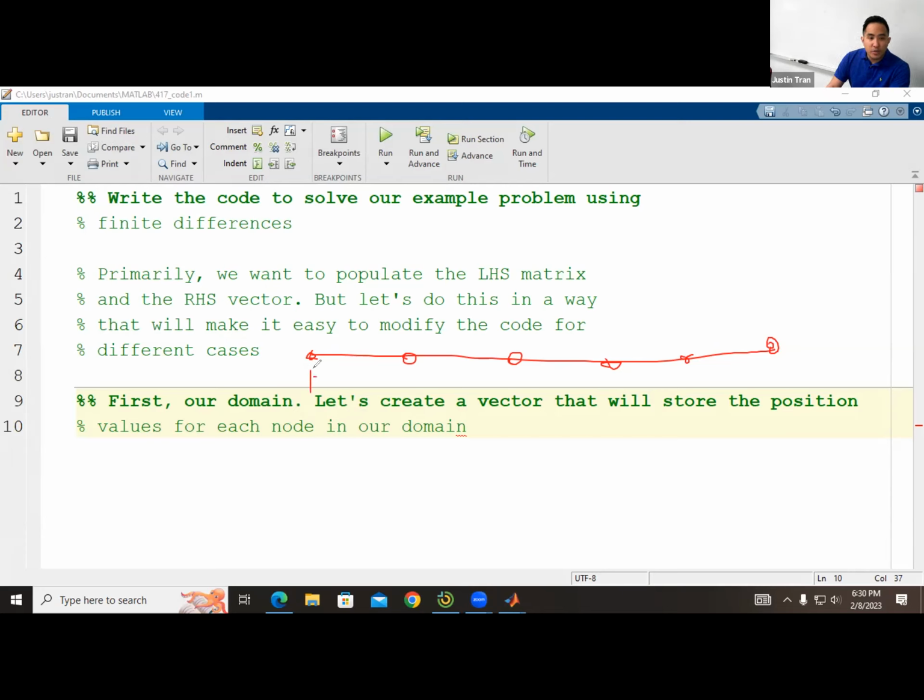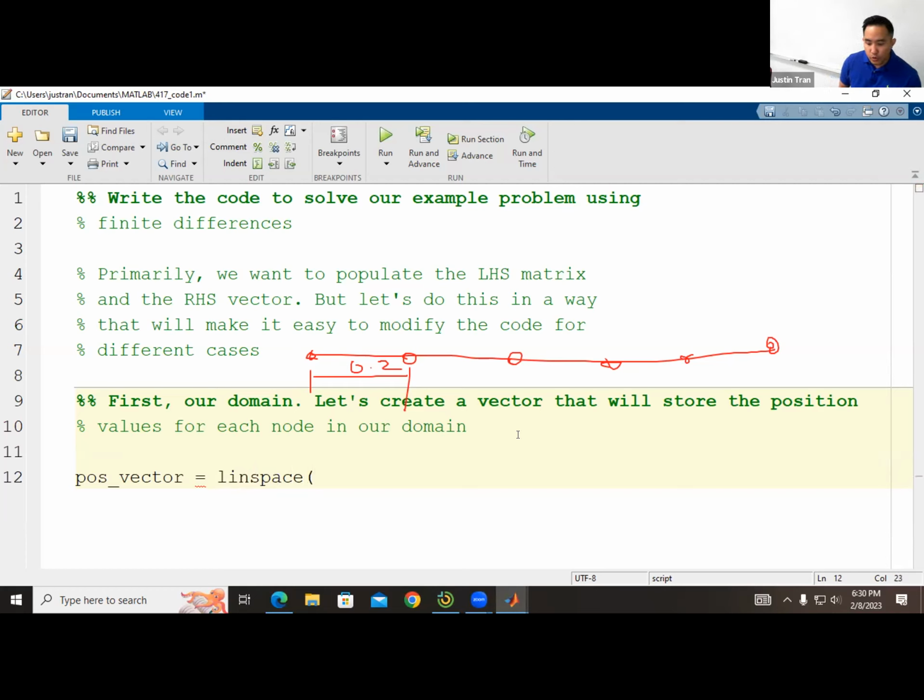And then the spacing in between each of the nodes was 0.2. And so that means the position of node 1 is 0, the position of node 2 is 0.2, 0.4, 0.6, 0.8, and 1.0. Okay. All right, so let's create a vector. I'm going to call it pos vector. Okay. And this pos vector is going to contain the values for each of the nodes.